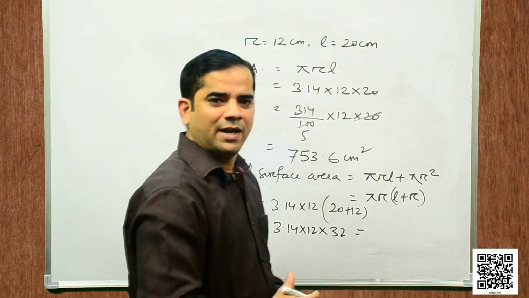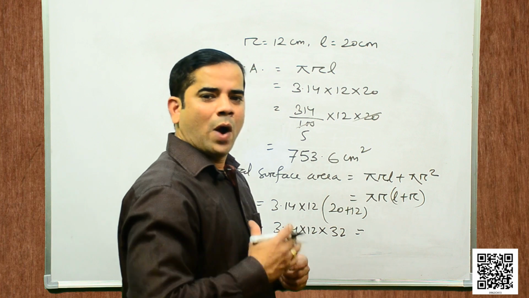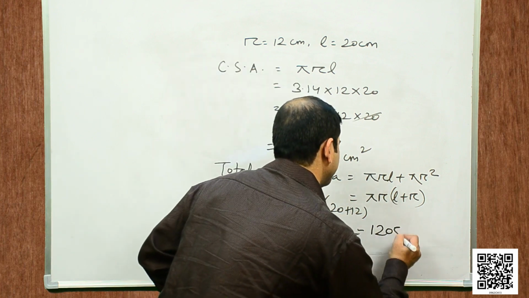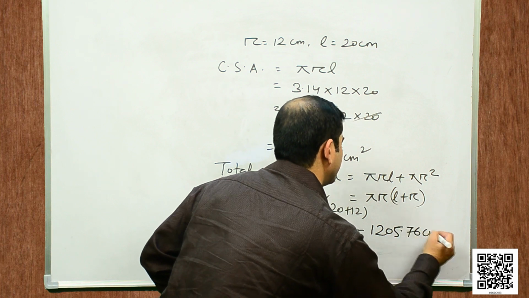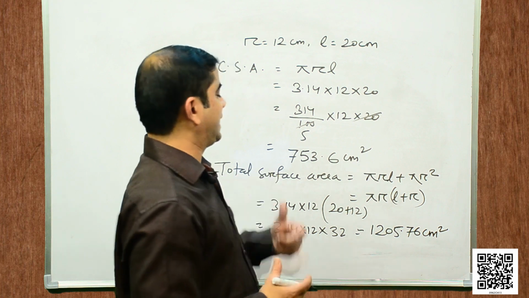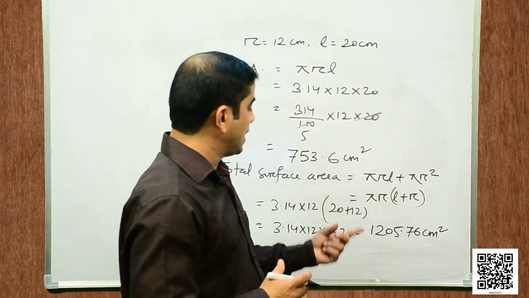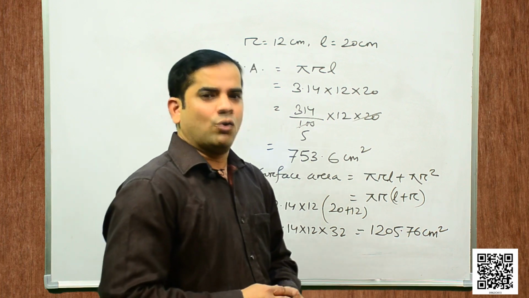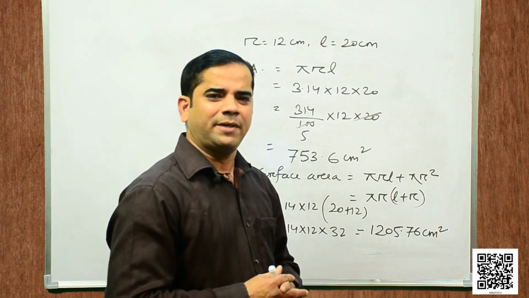When we calculate, it comes up to 1205.76 centimeter square. So, we have found that total surface area of the given cone to be 1205.76 centimeter square. Hope you have understood this example.